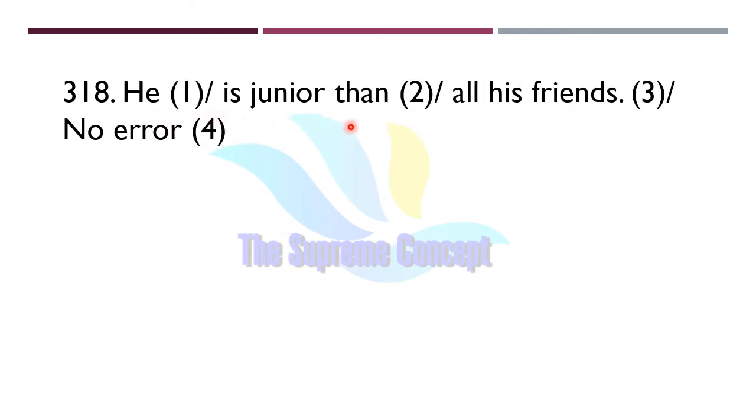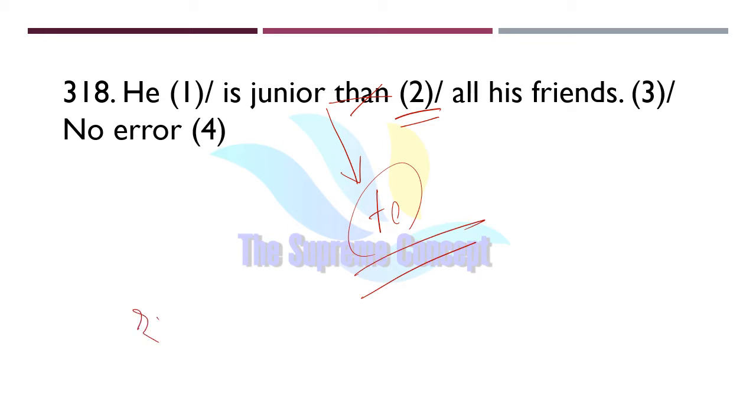He is junior than all his friends. Now find out the correct answer to this question. Yes, you are correct, the error lies in part number 2. There is no use of than here, it's totally wrong. After junior, the preposition to follows: junior to, and similarly senior to, or we can also use superior to or inferior to.